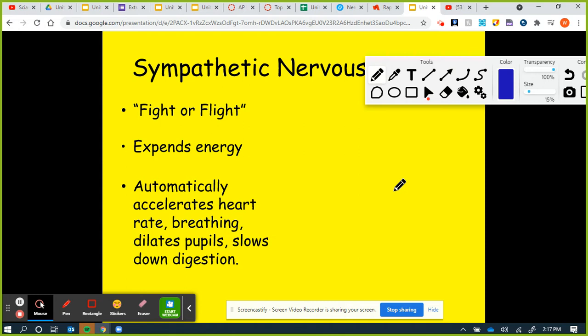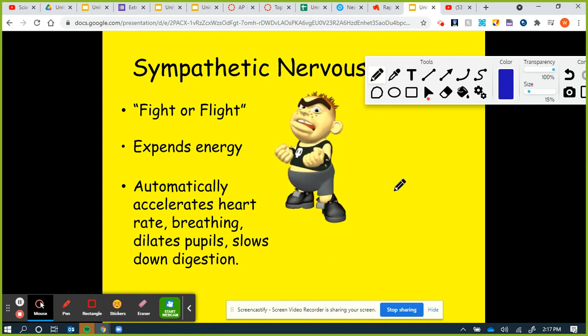It automatically accelerates heartbeat. It increases breathing. It stops blood flow to the extremities. It dilates our pupils. This allows us to have more acute vision when we're in a stressful situation, when our pupils get larger.